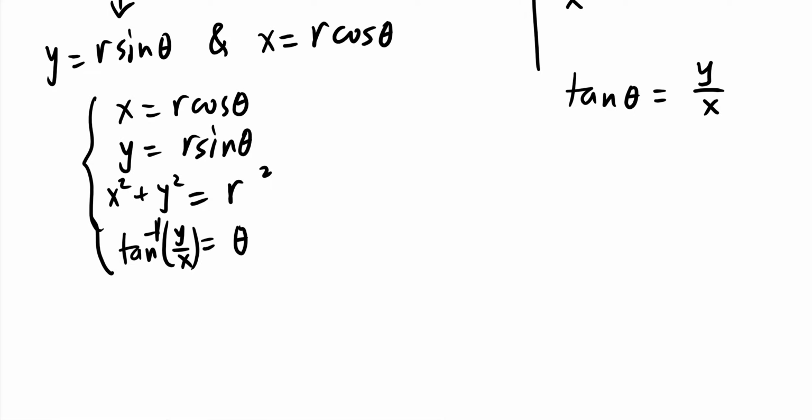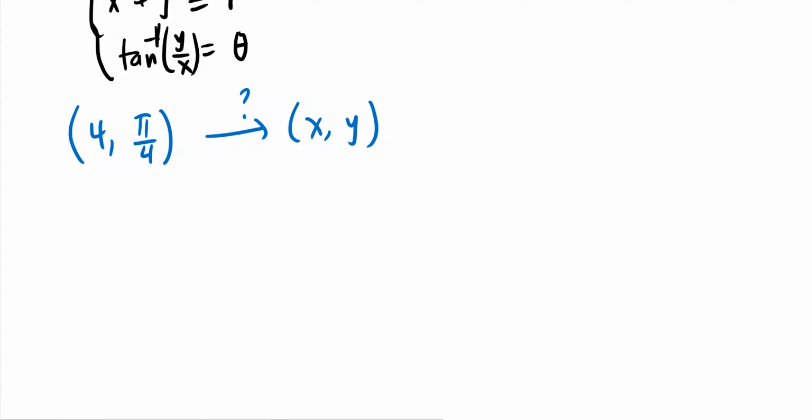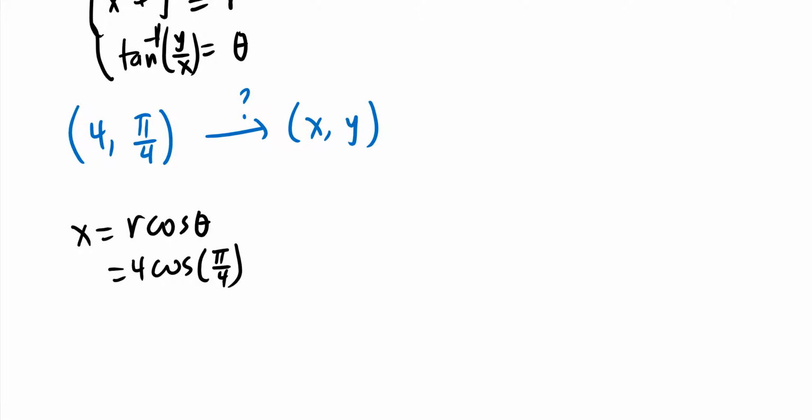So let's say we are given 4 comma pi over 4 and we would like to convert this into rectangular. Remember x is r cosine theta. R here is 4, theta is pi over 4. This is 4 times root 2 over 2, which is 2 square root of 2.